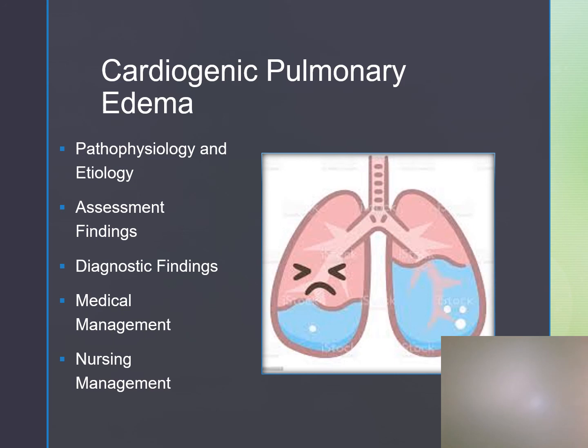Drug therapy that would include dopamine or dobutamine, digitalis, and diuretics, ACE inhibitors, nitrates, calcium channel blockers, or morphine. We can do the intra-aortic balloon pump, the biventricular pacemaker, the LVAD, cardiomyoplasty, or artificial heart.